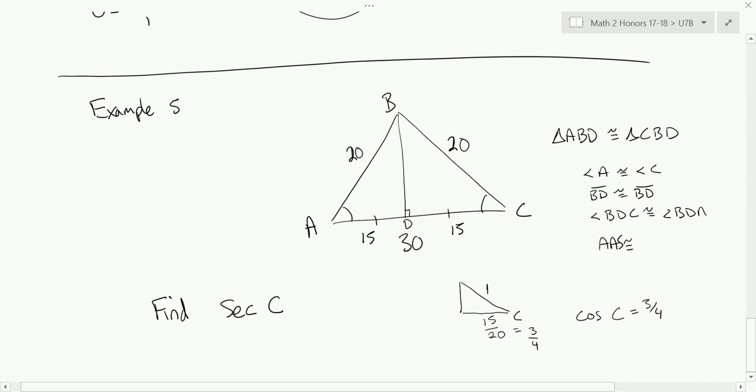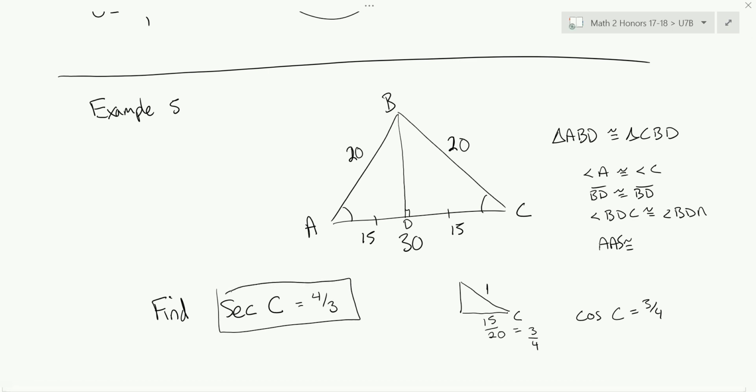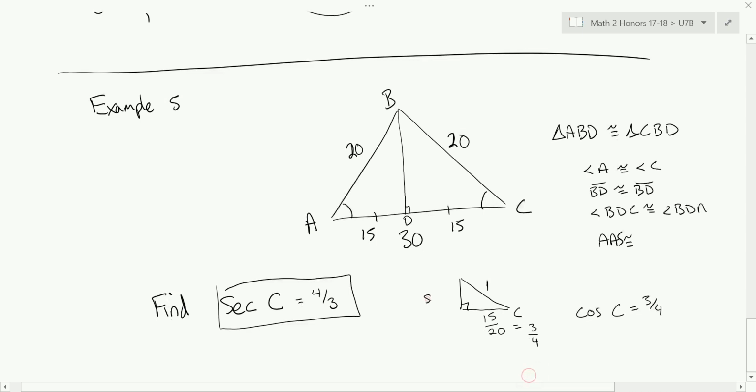Okay. So what's the secant? So here, if we have a right triangle with a hypotenuse of 1, the side opposite is the sine of that angle, and the side adjacent to it is the cosine of that angle.